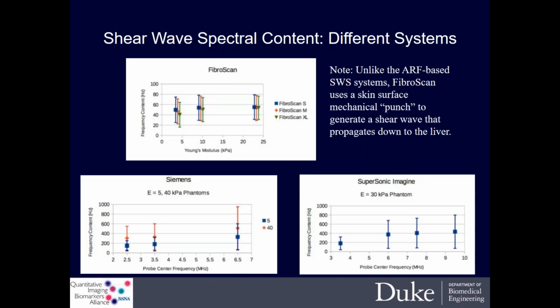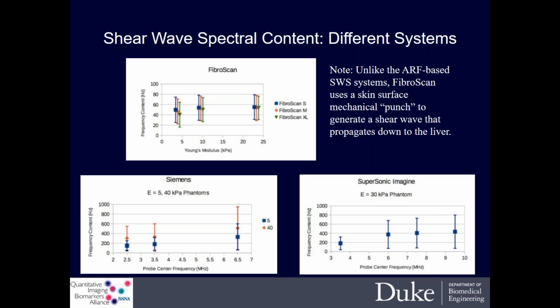We know from early data provided by some of the manufacturers, this is showing FibroScan, Siemens, and some Supersonic Imagine data. We asked them to calibrate some of the frequency content of their shear waves. Again, without detailing too much of the specifics of the different scanners, what I just wanted to highlight is the fact that different transducers in different systems operate at different frequencies.